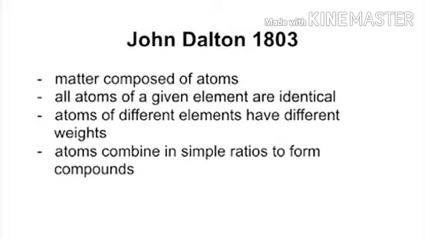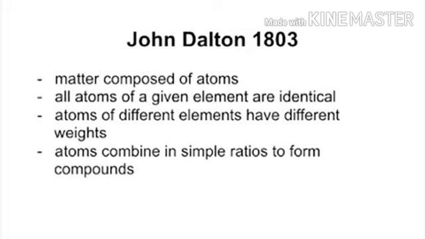Atoms of different elements have different weights, which we now call atomic mass or atomic weight. The mass of hydrogen is different from the mass of oxygen. One more point: atoms combine in simple ratios to form compounds.